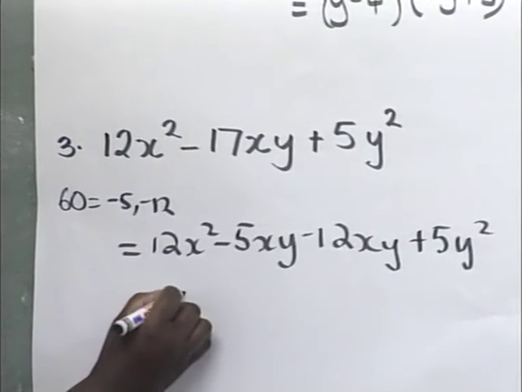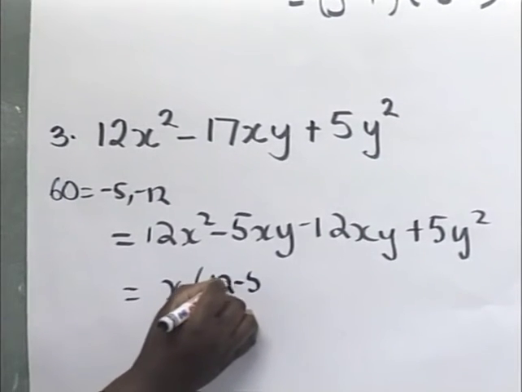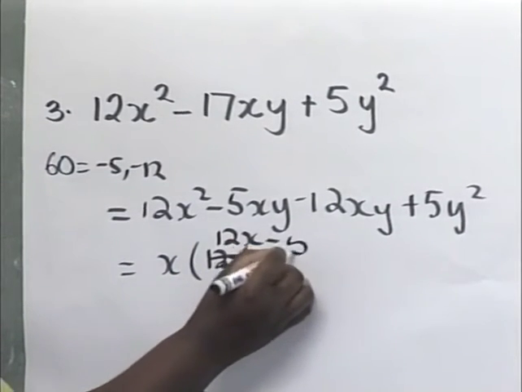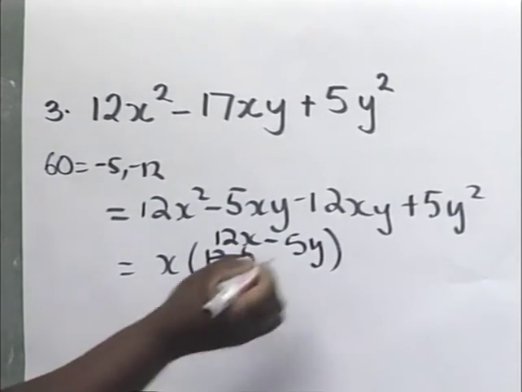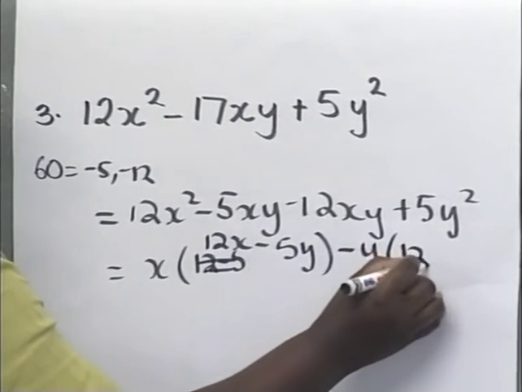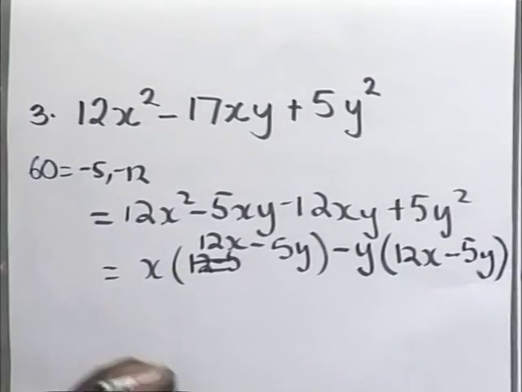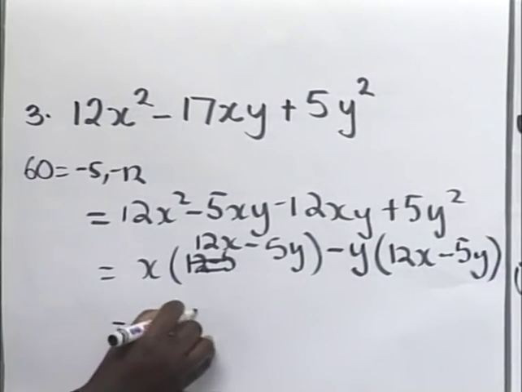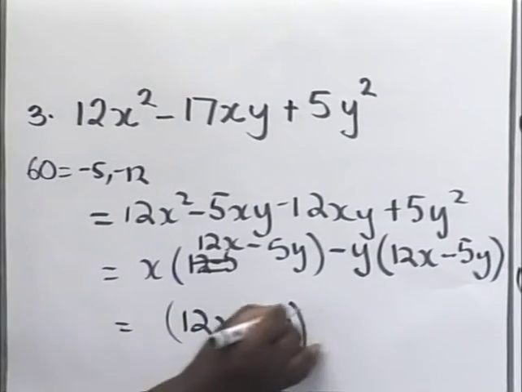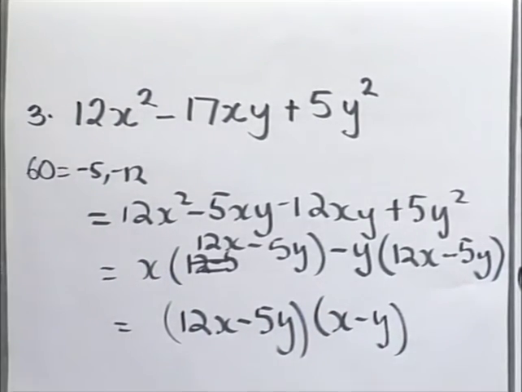So this is x, 12 minus 5, 12x minus 5y, this will be minus y, 12x minus 5y, which is 12x minus 5y multiplied by x minus y.